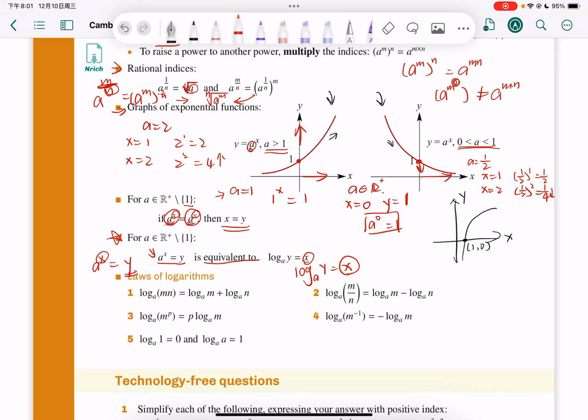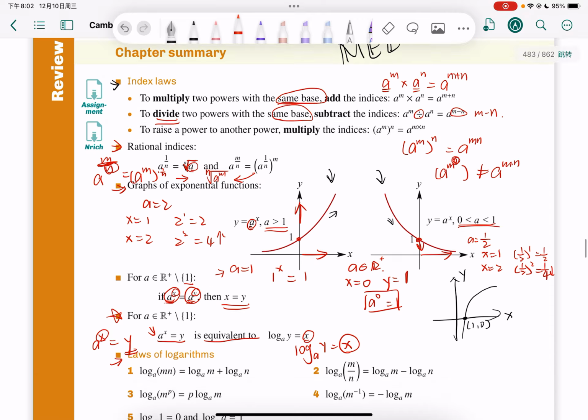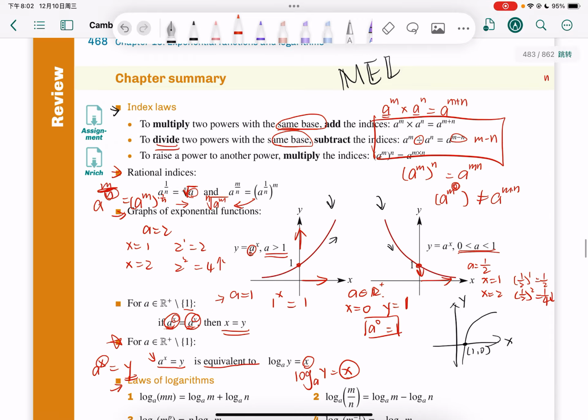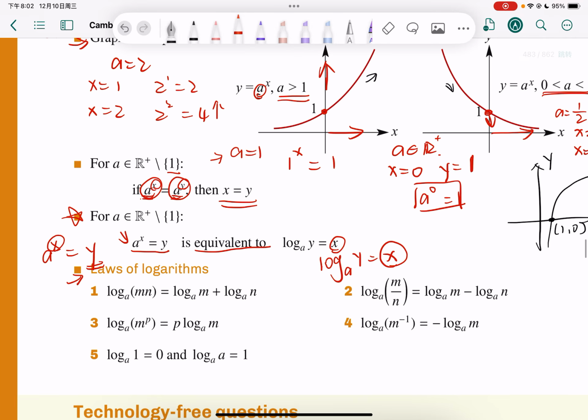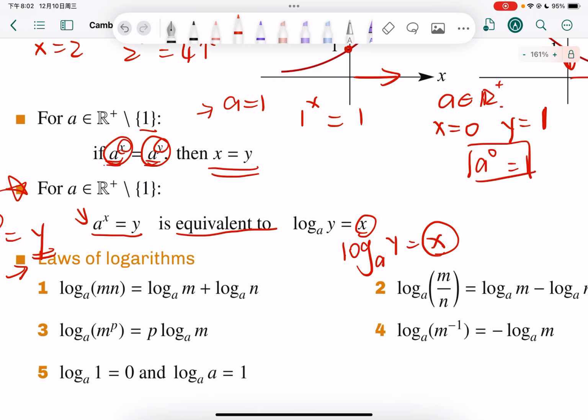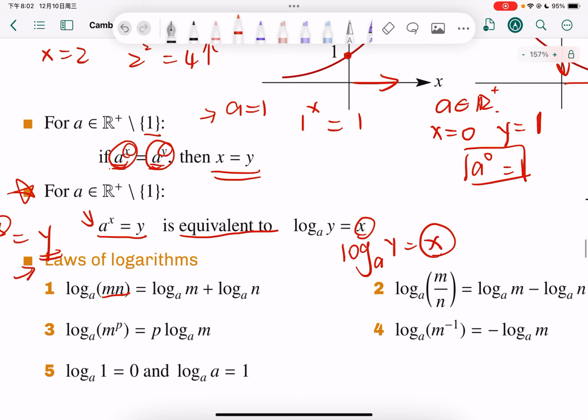Let's then talk about the laws of logarithms. If we know the index laws very well, then it's very easy to understand the laws of logarithms. Let's go through them bit by bit and find the corresponding index law. Log base a of mn is equal to the sum of log a m plus log a n.